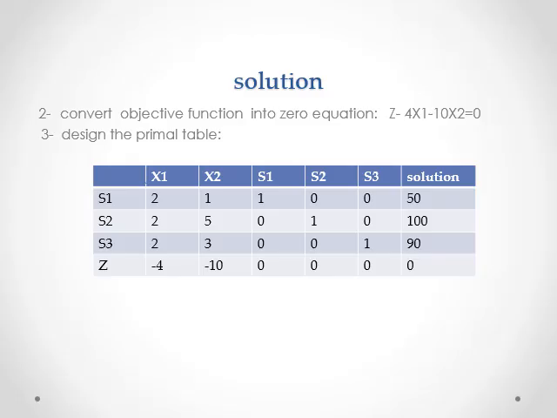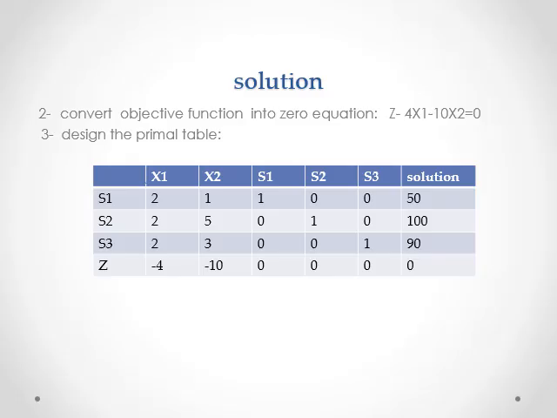Where 2 is the coefficient of x1, 1 is the coefficient of x2, s1 is the coefficient of s1. In the first constraint we have no s2 and s3, then their coefficients are 0, 0. The solution is 50.